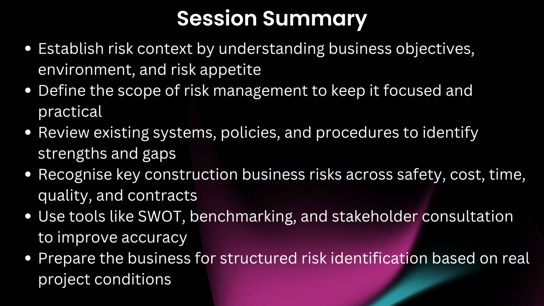We examined common construction business risks across safety, finance, contracts, time, quality, supply chain, and reputation. We also looked at tools such as SWOT analysis, benchmarking, and stakeholder consultation to improve risk accuracy. By the end of Part 1, the business is prepared to identify risks realistically based on site conditions, systems, and past experience.